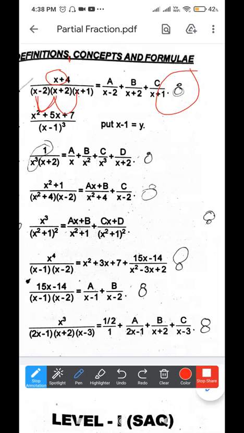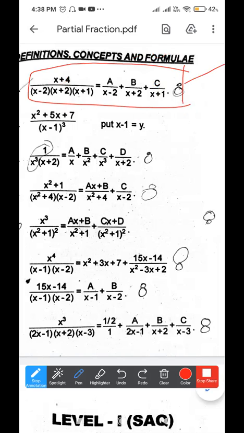So in the numerator you are having x, but in the denominator you are having x cube. Okay, so the degree of the denominator is more than the degree of the numerator. Okay, for this one we are using this formula. This is the most commonly used formula.